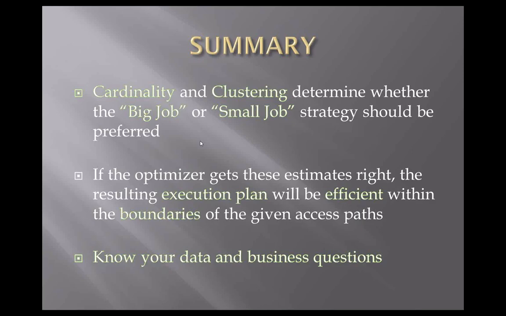So even if your statistics are 100% computed and were just refreshed a couple of seconds ago, if these statistics do not allow the optimizer to understand the questions that you ask about your data, then the resulting execution plans might be quite inefficient, because it might opt for the small job or for the big job approach, where the other one would be more appropriate.